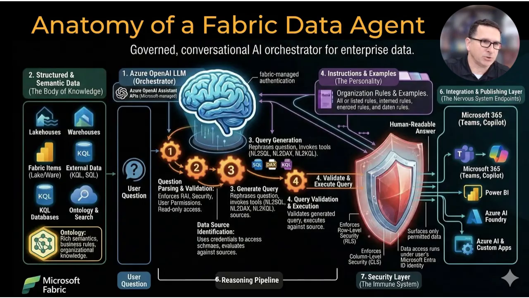It determines the most relevant data source to use if there's multiple that you've chosen. And it invokes the appropriate tools to generate, validate, and execute queries along the way. You don't need to supply your own API keys or anything like that. Fabric just uses Microsoft's managed Azure OpenAI Assistant to handle all that authentication and so on for you.